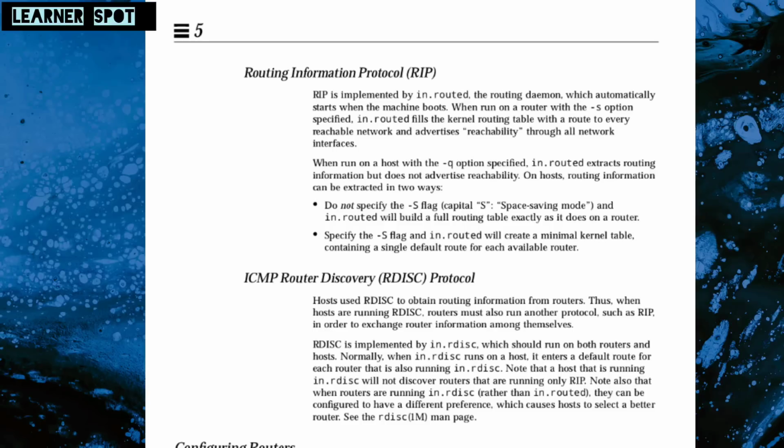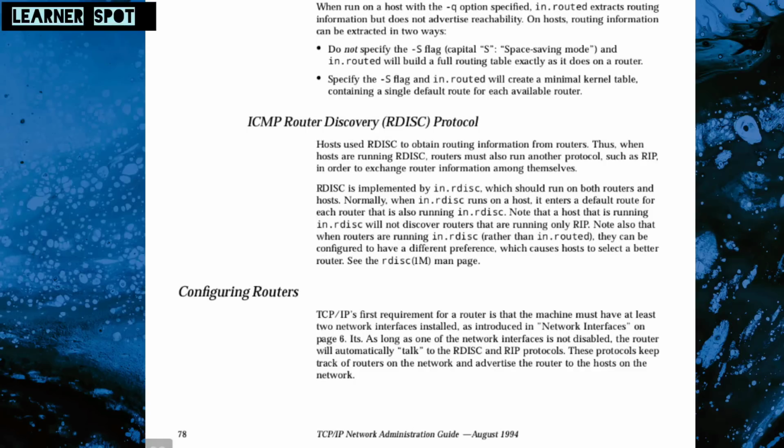Next we have the ICMP Router Discovery Protocol, where hosts use RDISC to obtain routing information from the routers. When hosts are running this protocol, the routers must also run another protocol like RIP in order to exchange routing information among themselves. Next, configuring the router.